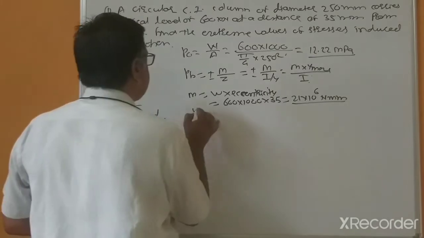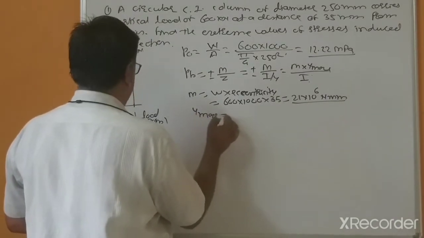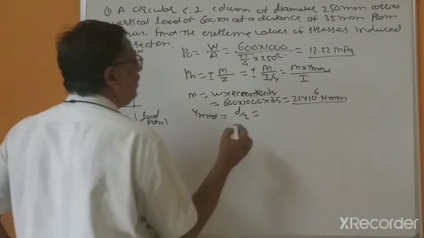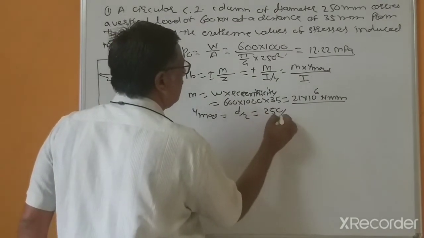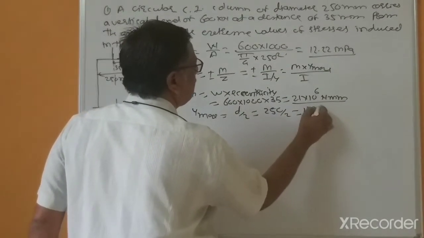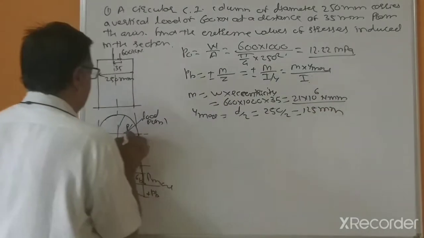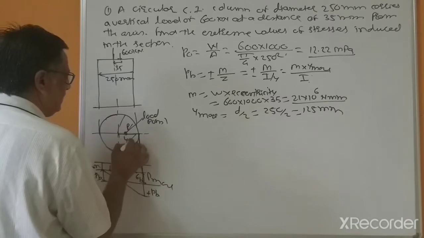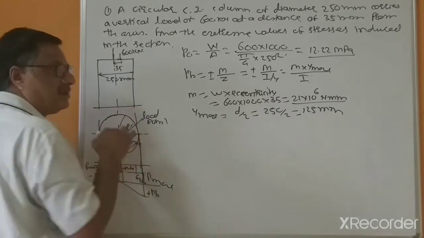Now y max equals d by 2, so 250 divided by 2 equals 125 mm, the extreme distance.